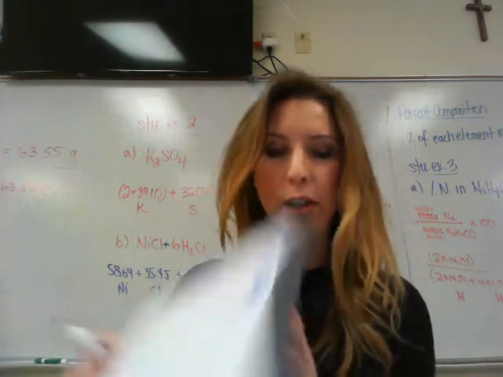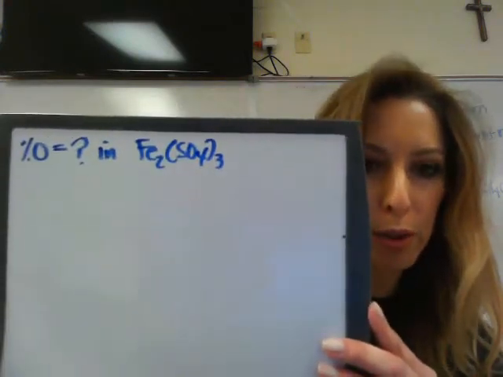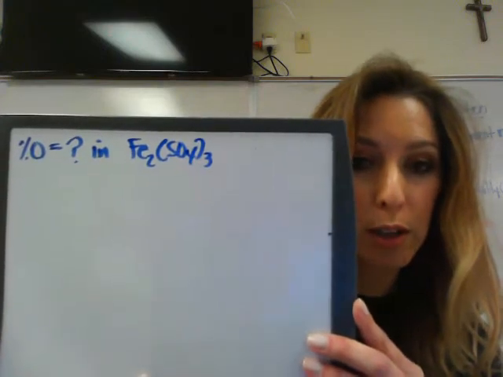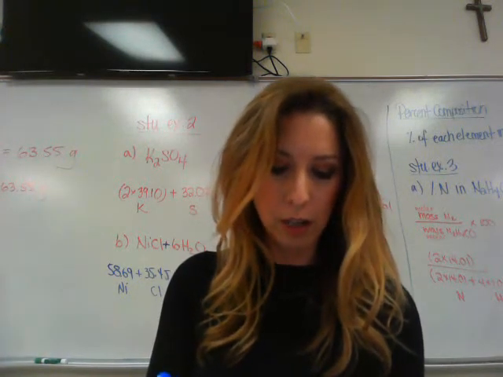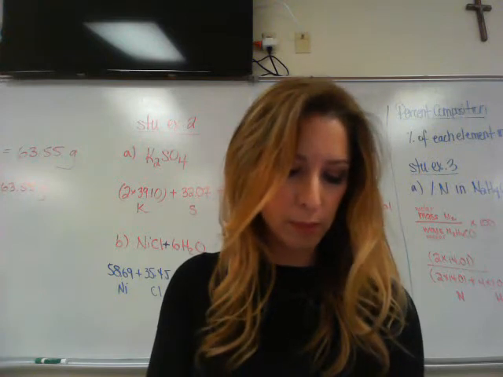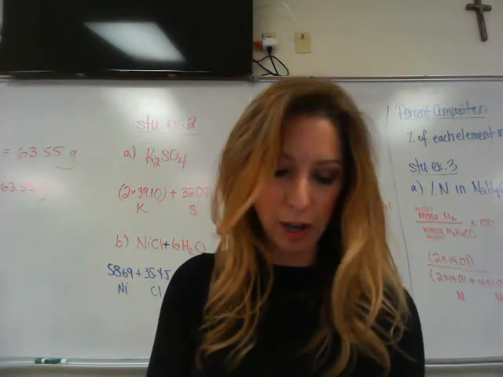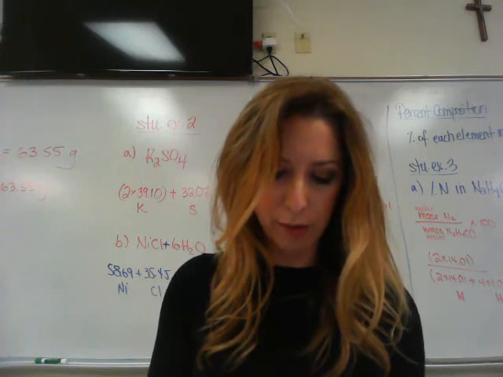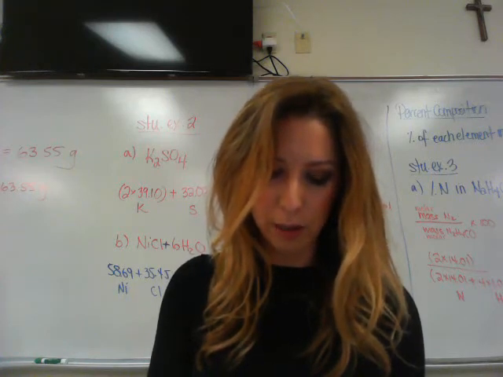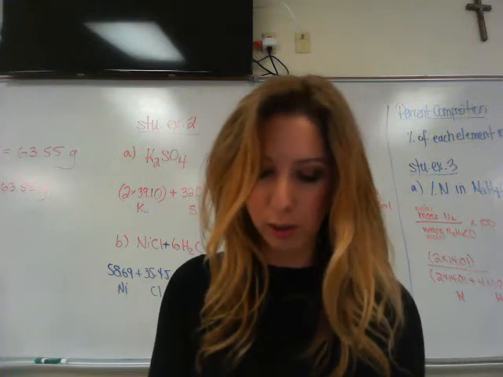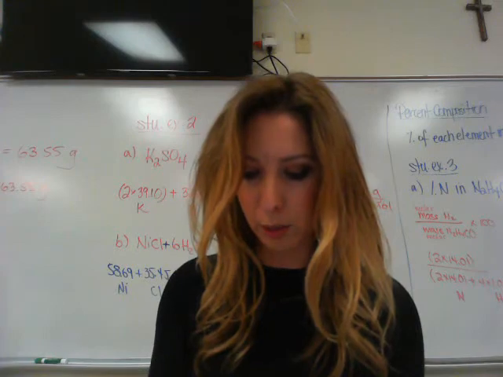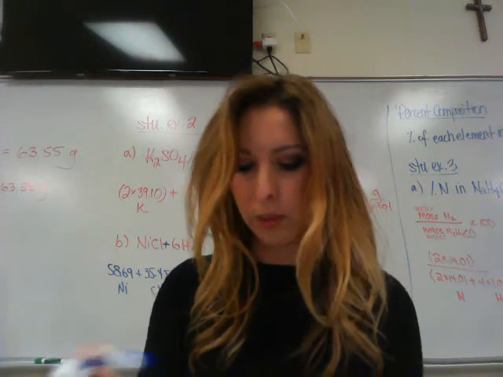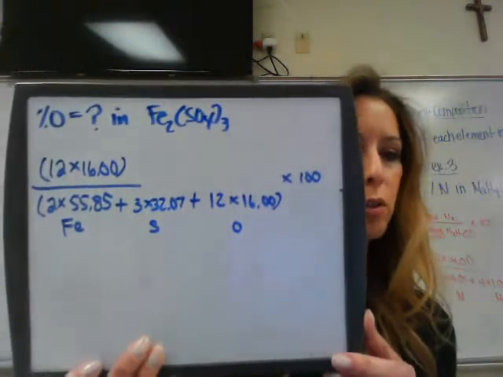Okay, so here I have 12 oxygen because you multiply the 3 on the outside of the parentheses by the 4 subscript on the oxygen inside. So this is 12 oxygens. So it's 12 times 16 on top divided by 2 times 55.85 for Fe plus 3 sulfur at 32.07 plus 12 oxygen at 16.00, and then we're going to multiply it by 100, so it looks like this.